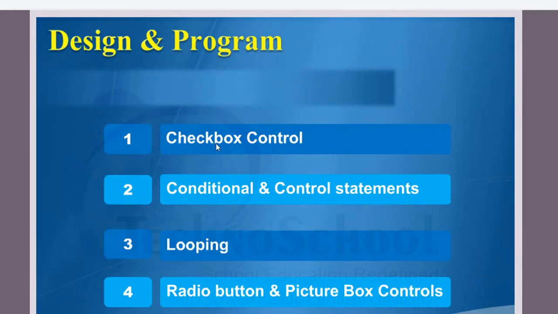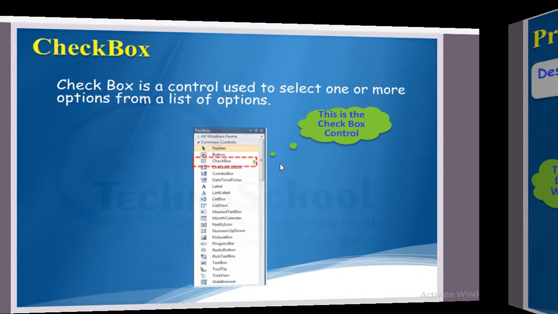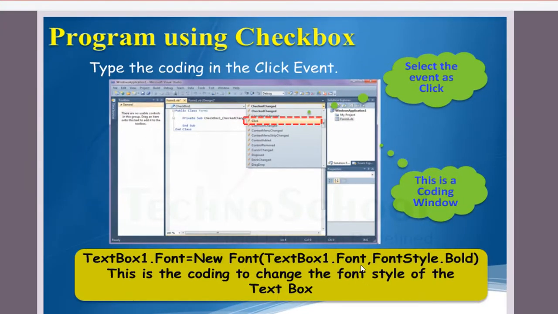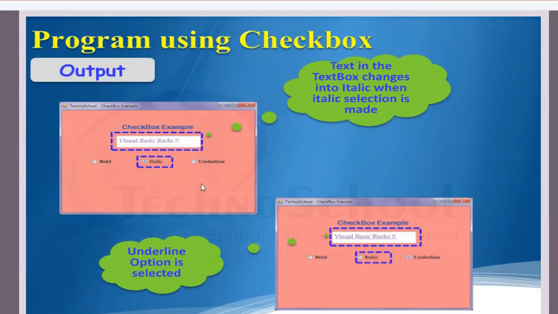We saw about the checkbox control. You all know this is the checkbox. With this, we created the program, that is, we designed the form like this, wrote the coding, and ran the program. I hope you all remember we did the coding like this, ran it, and got the output.